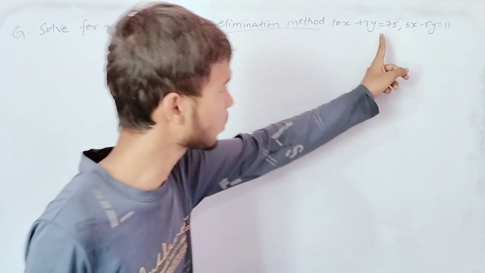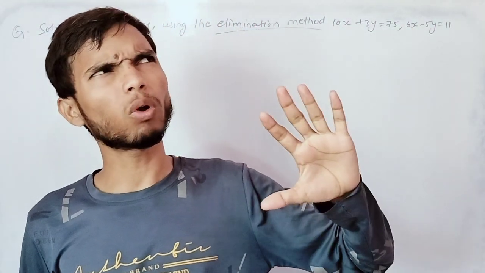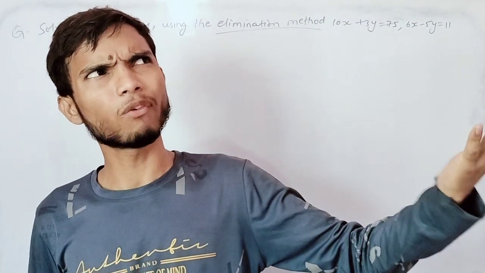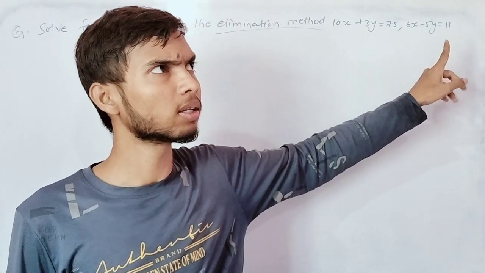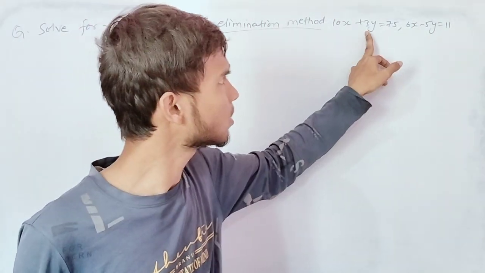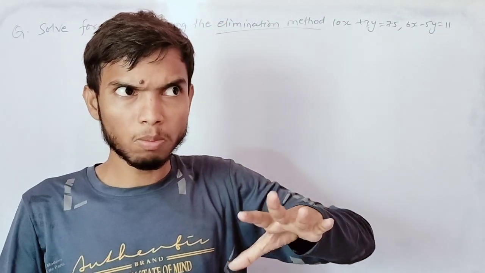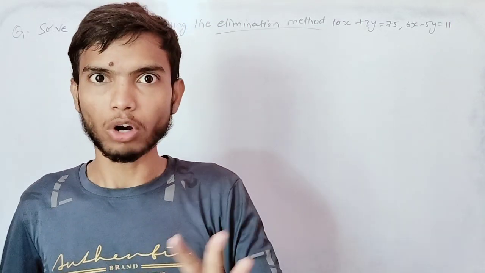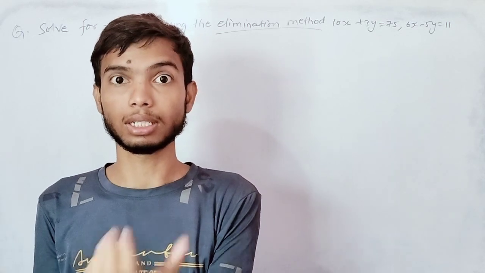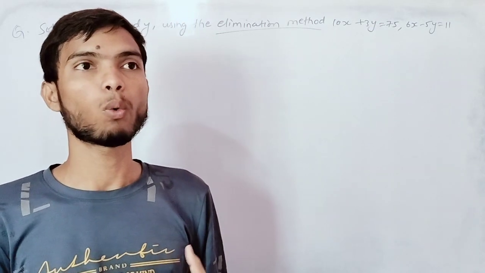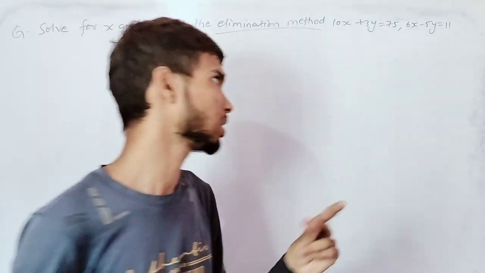For example, this is one equation, this is a second equation, and you have to think what will be that number when I multiply with this and this, so I get this one variable equal. Like variables should be equal, not different. When I multiply with those numbers, then I should get like terms with variables.